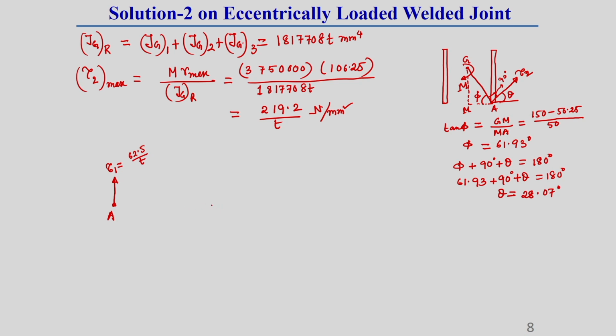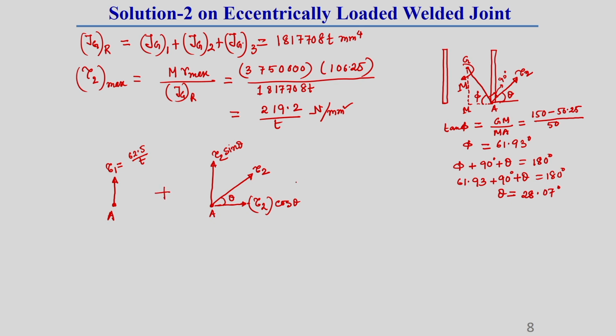Then at point A, tau 2 is acting at theta angle, so tau 2 has two components. On the horizontal component, that is tau 2 cos theta, and on the vertical component that will be tau 2 sin theta.